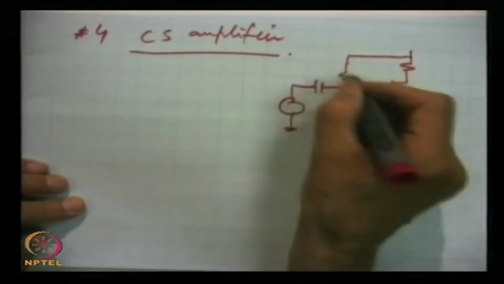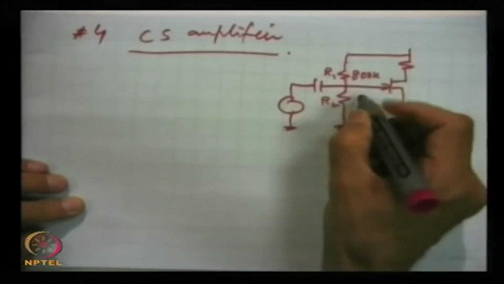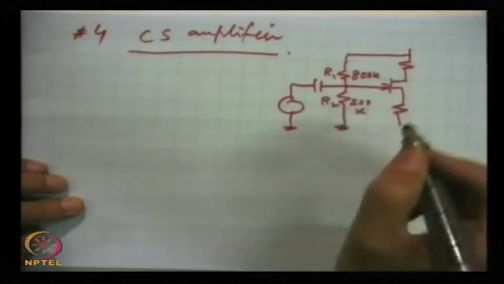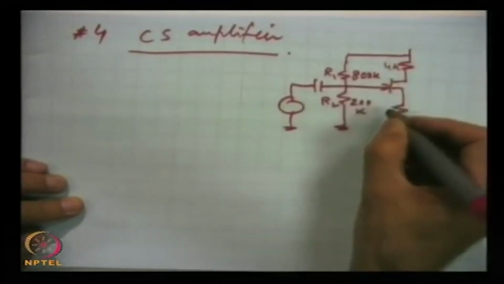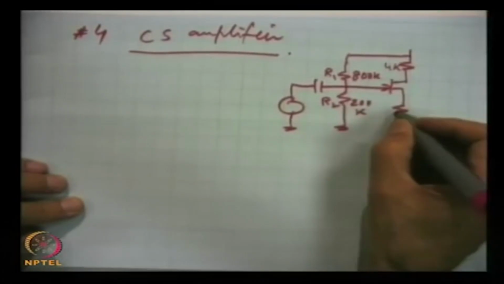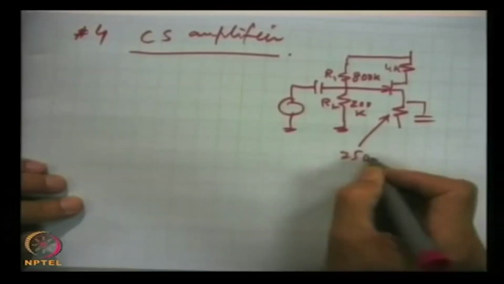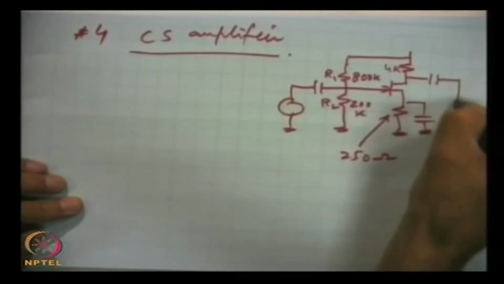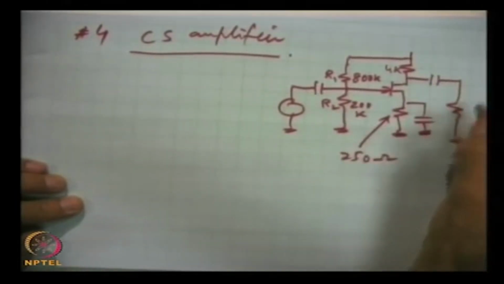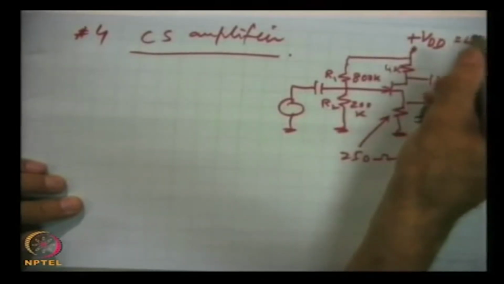This is R1, R2, this is 800 K, this is 200 K kilo ohms, and this is RD, which is 4 K, and this is 250 ohms, and this is also bypassed, and the output is taken here. This is the load of 8 K, output is taken here, and this is plus VDD equal to 15 volts.